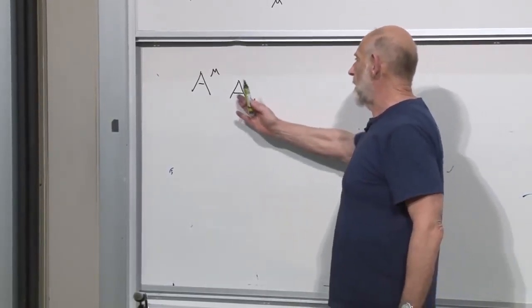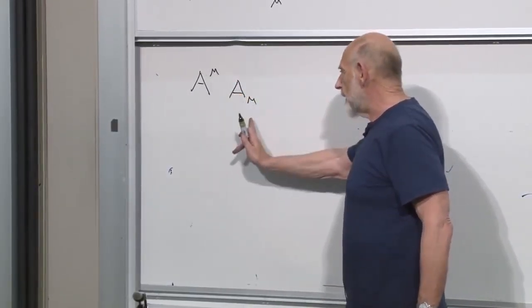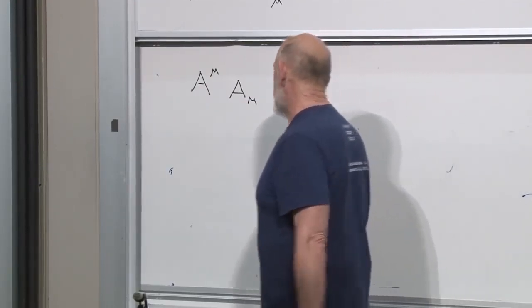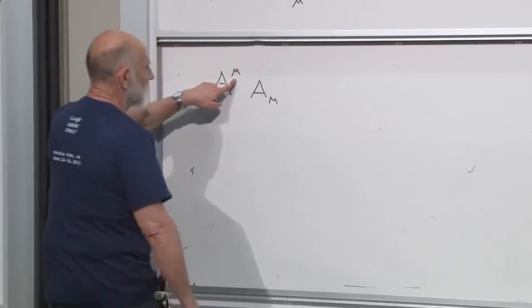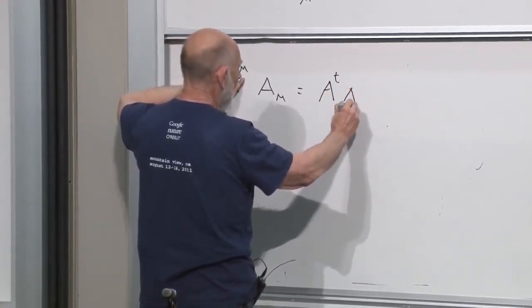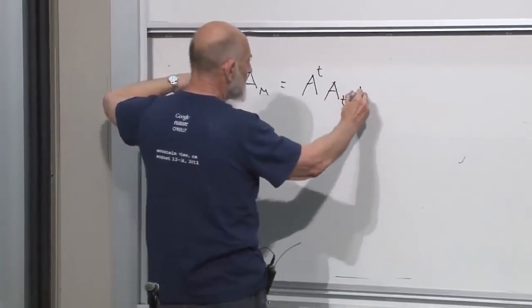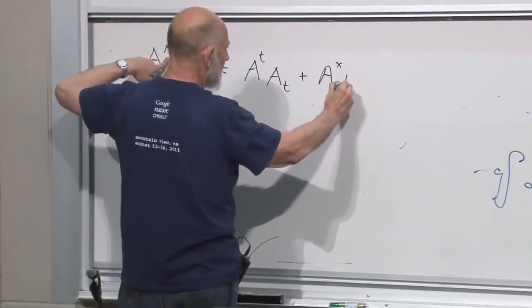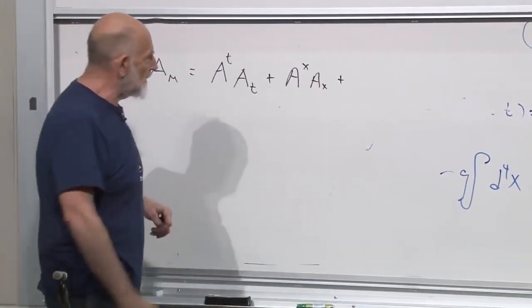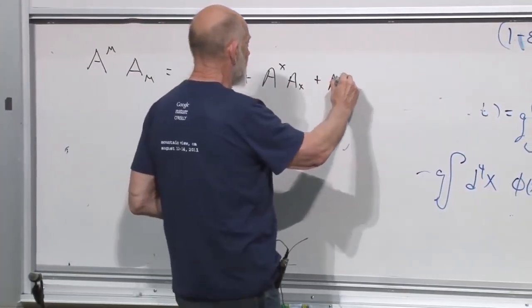Because by the Einstein convention, a repeated index, one upper and one lower, is summed over. So let's see what this means. This is equal to AT, AT plus AX, AX plus the same thing for Y and Z. I'll write the Y component, but I won't bother writing the Z component.